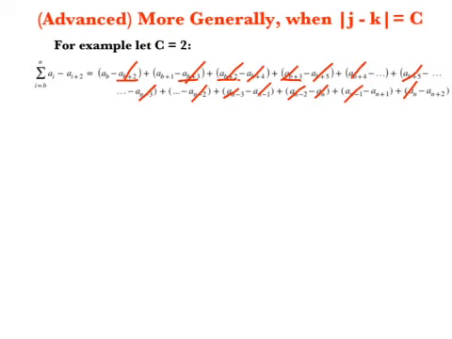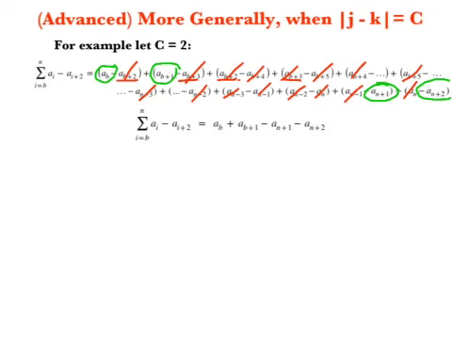And what we're left with are the following 4 terms instead of 2. So we're left with, again, a sub b minus a sub n plus 1, just like we had in the previous slide. But now we have an additional 2 terms.